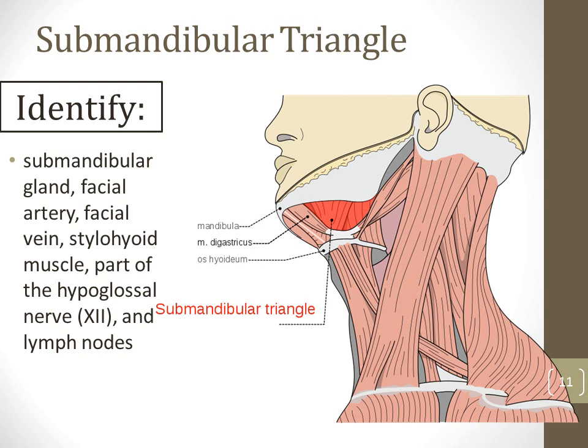The posterior inferior border is going to be the posterior belly of the digastric muscle. Don't confuse it with the stylohyoid. Yeah, it's very close by, but it's not connected to the digastric. And then the superficial layer, the roof, is the superficial layer of deep fascia, and the deep is the mylohyoid, which you can see shining right through here, and the hyoglossus muscle.